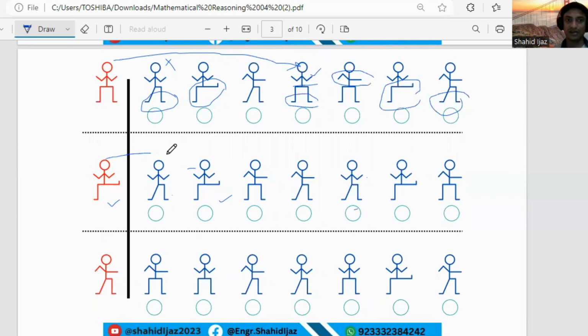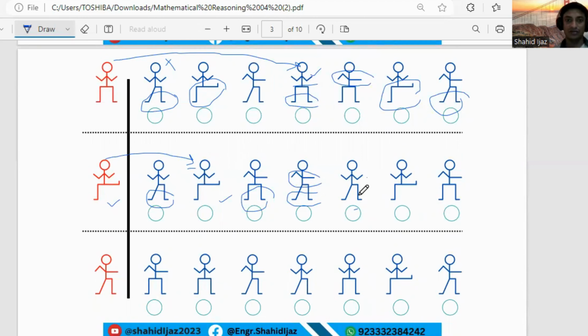It's similar to the second blue cartoon, and the first is not similar due to legs. Third is also not similar due to legs. And fourth is not similar because of legs and because of arms. Both are different and unique.